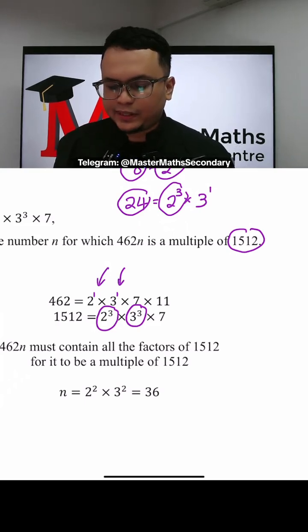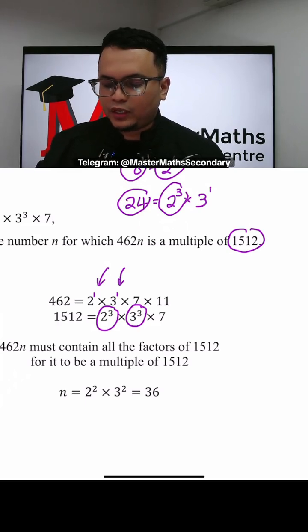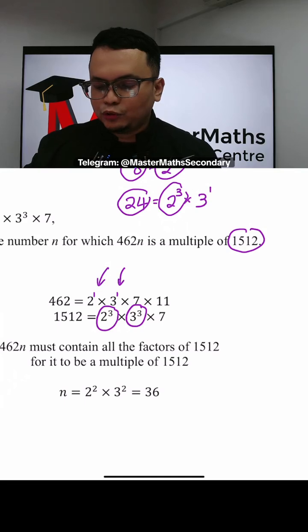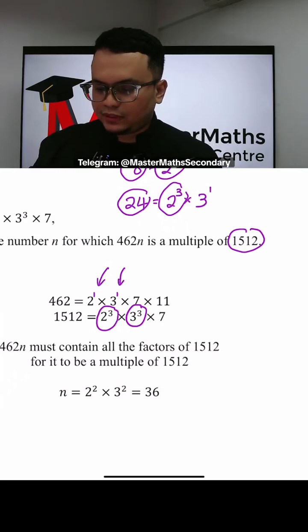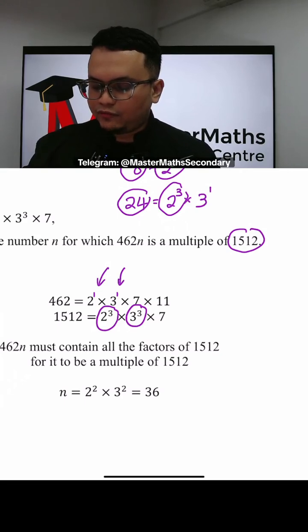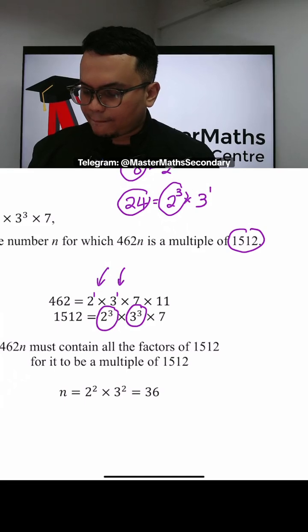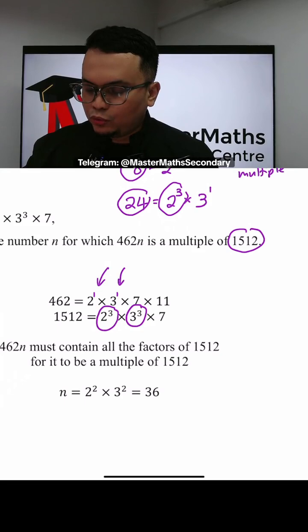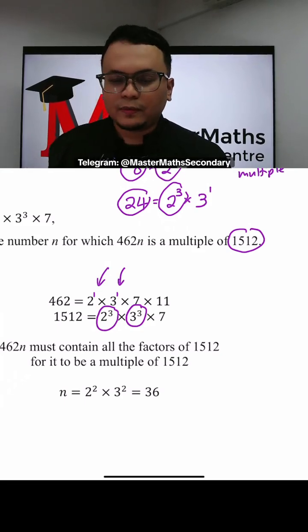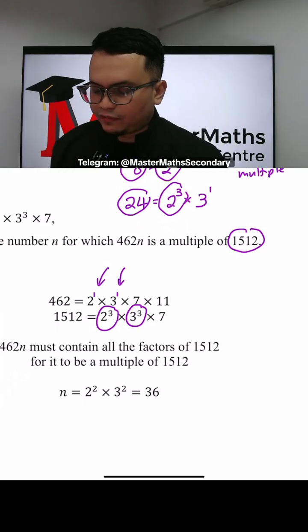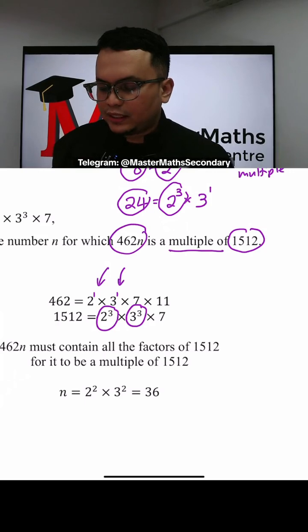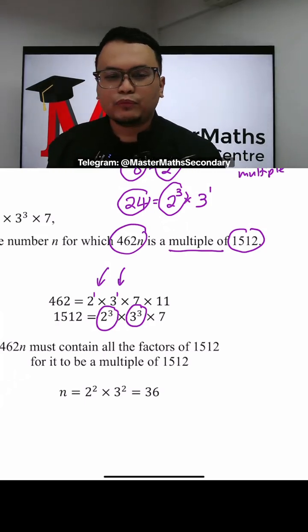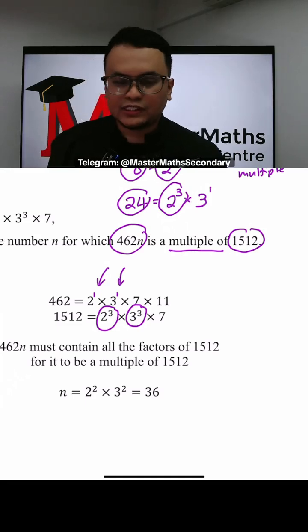Yeah, it's about matching the powers. Like 24 is a multiple of 8. Do you see 2 power 3 inside the 24? Yes. So for the same reason, if I want 462n to be a multiple of 1512, I must see the factors of 1512 being present in 462n.